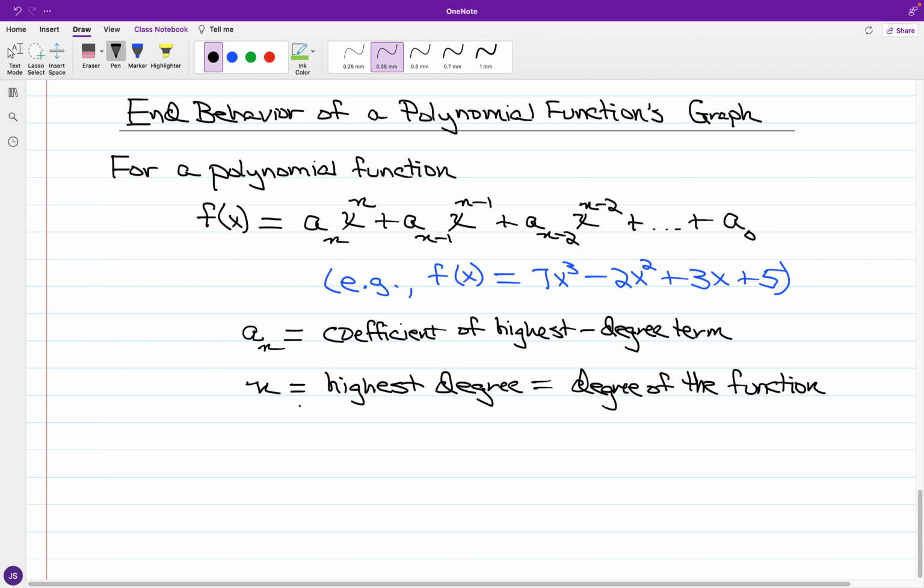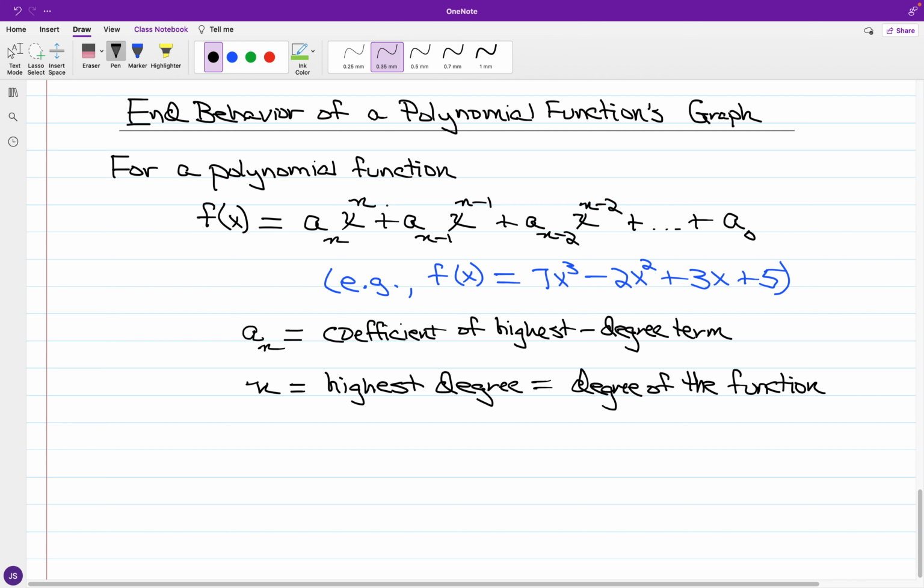The highest degree term will be of degree n, and that defines the degree of the function.